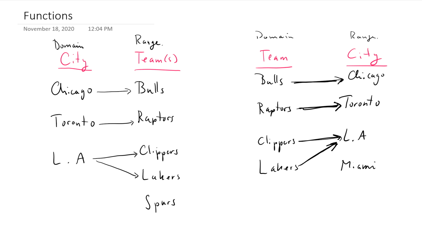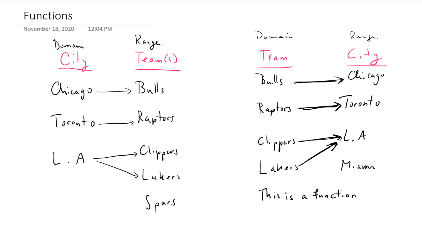Now the correspondence on the right-hand side is what we call a function. So this relationship, I say relationship sometimes, but I guess the right word is correspondence. This is a function.